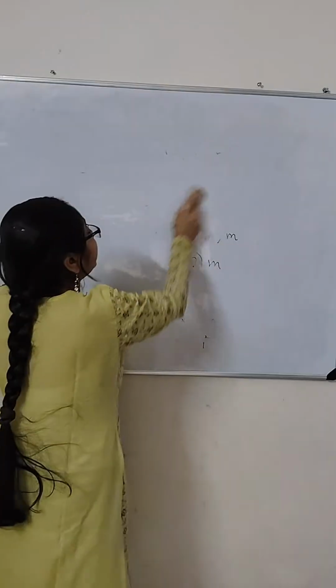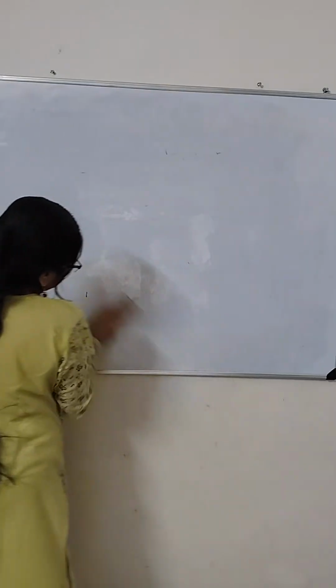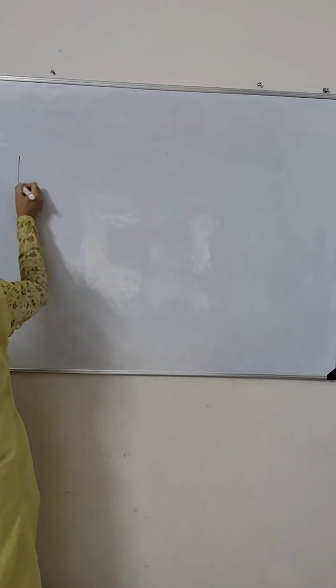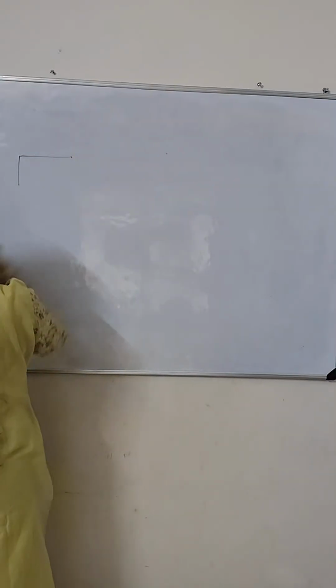Now I will go to the next quadrilateral figure. It is a square. But I am not writing the square in this way. I do it in a different way.